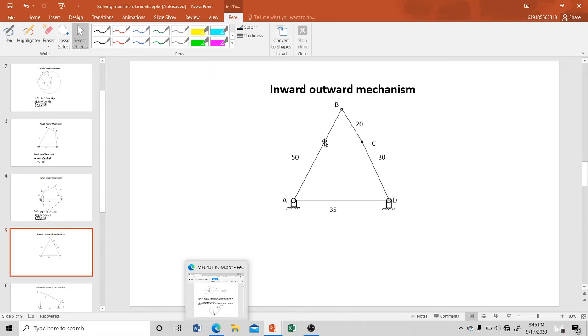So mo sa na iyang position sa inward outward mechanism sa longest length. So nasa na sa iyang unique nga motions. So then length AB and length DC will cross the frame. Yan.